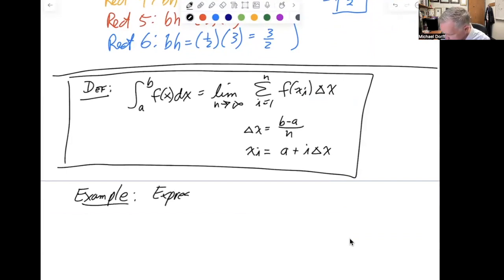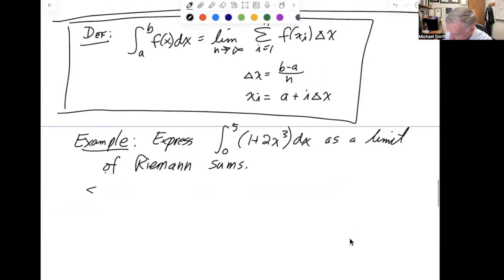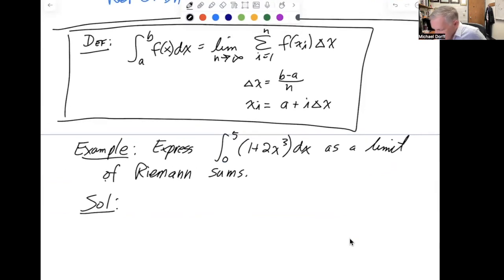Express the integral from 0 to 5 of 1 plus 2x cubed dx as a limit of Riemann sums. So we're using that definition here.